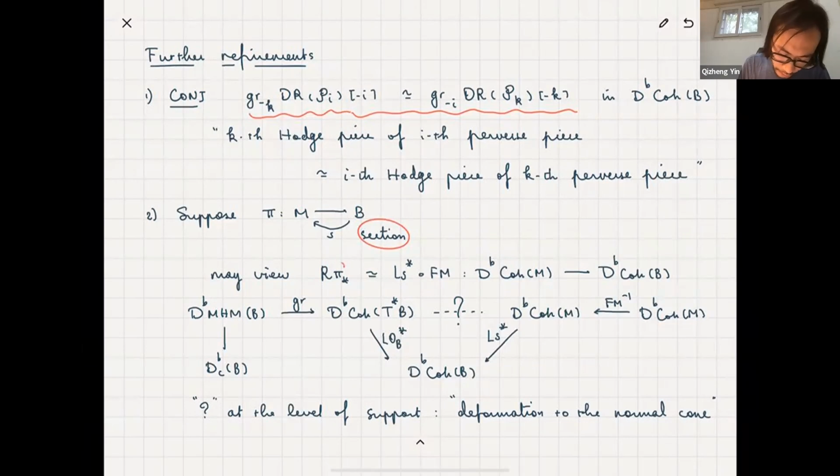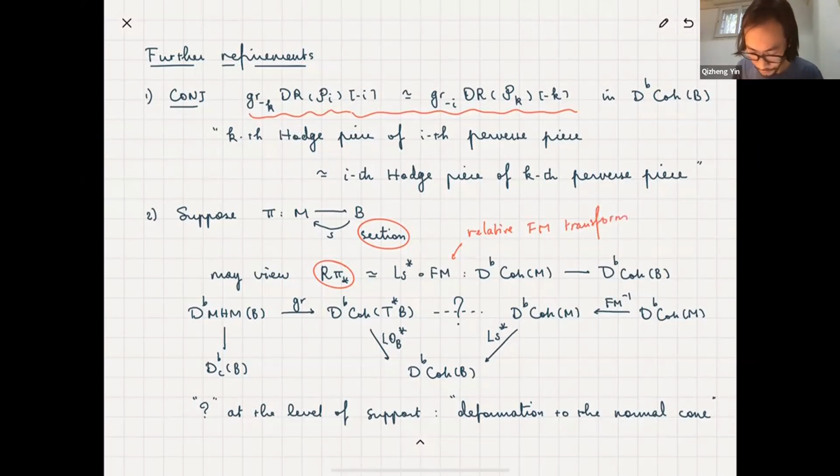Previously we were trying to compute the derived push forward of omega I. Then with this section, and also with the help of, say, the relative Fourier-Mukai transform. So this is an abelian fibration, and it's actually expected that there's a relative Fourier-Mukai transform.